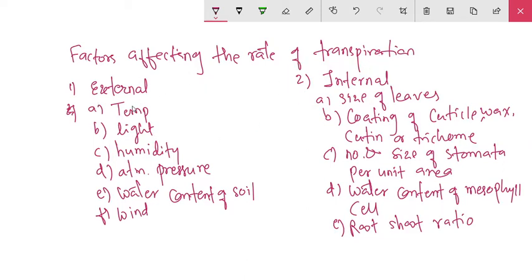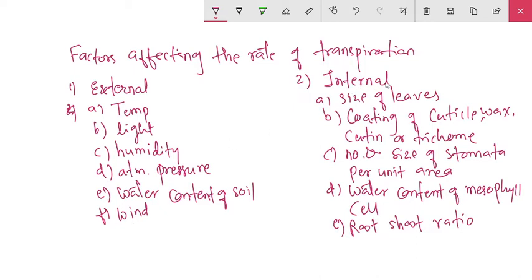These factors are broadly categorized into two categories: external factors and internal factors. The external factors are temperature, light, atmospheric humidity, atmospheric pressure, water content of the soil, and wind.